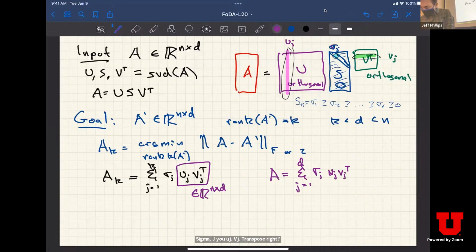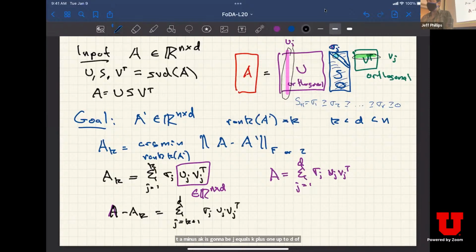That means A minus A_k is the sum from j equals k plus 1 up to d of sigma_j u_j v_j transpose. Everything that's left is what A minus A_k is, and this is what I want to be as small as possible.